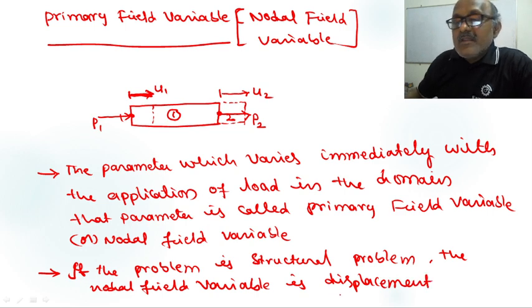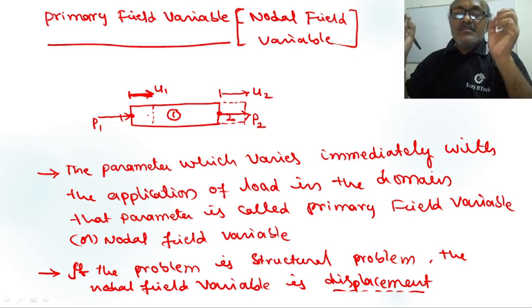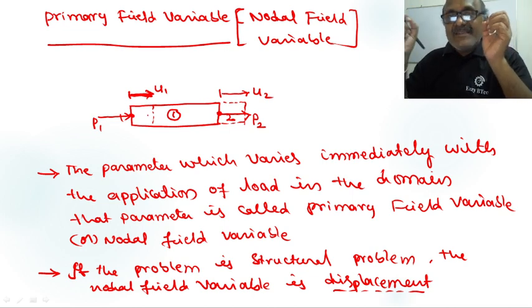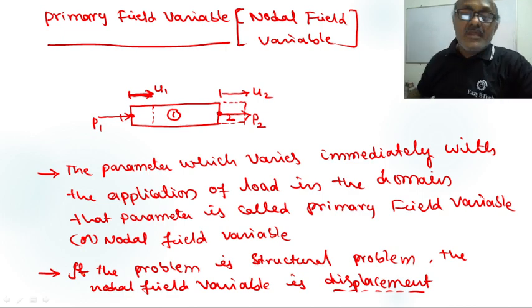All of you see, it is very important. So here it is a structural problem, because due to this force P1 at node 1, P2 at node 2, the nodes are displaced. So if the problem is a structural problem, the nodal field variable is displacement. Next one.